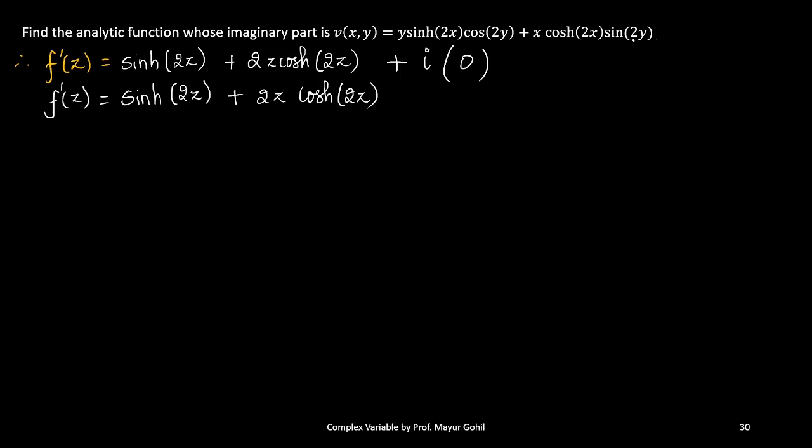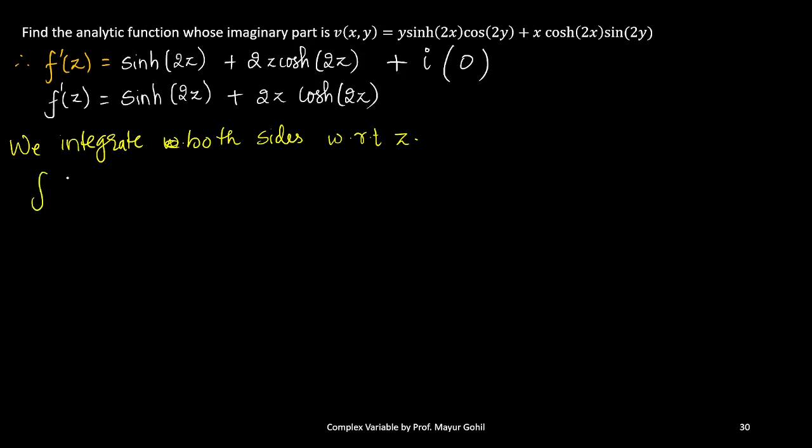I have written down the question again so that we are in sync with what we are doing. So now we go for the integration step. We integrate both sides with respect to z.